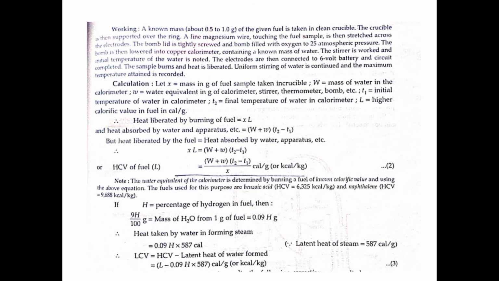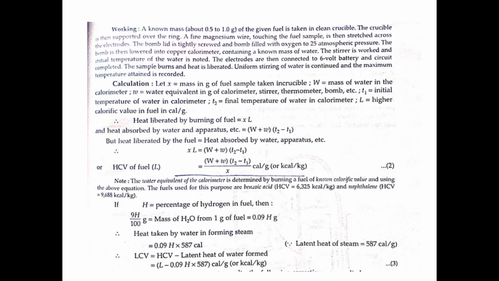The formula for measuring calorific value through the bomb calorimeter is (W + w) × (T2 − T1) upon x, in which capital W indicates the mass of water in the calorimeter, small w is the water equivalent in grams of the calorimeter, stirrer, thermometer, and bomb, T1 is the initial temperature, T2 is the final temperature, and L is the higher calorific value of the fuel.